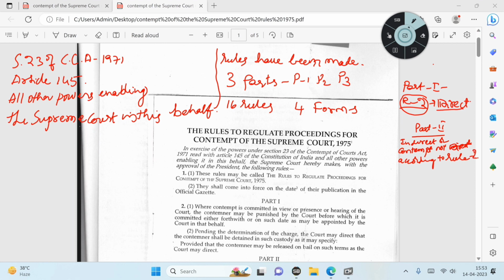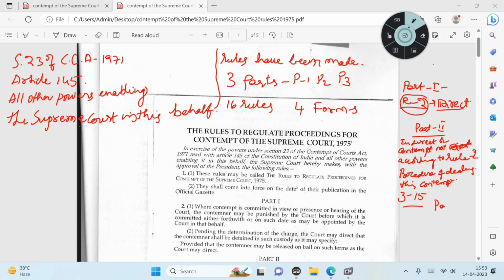The entire part deals with the procedure of dealing with this contempt. This part contains Rule 3 to Rule 15. So, it gives a detailed description of the criminal contempt or the contempt other than Rule 2.